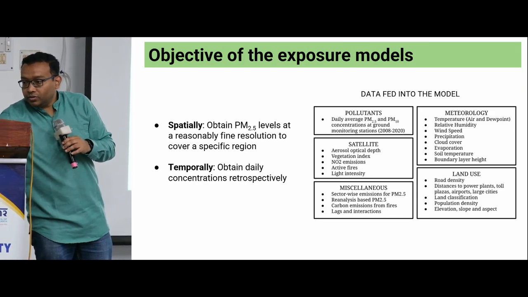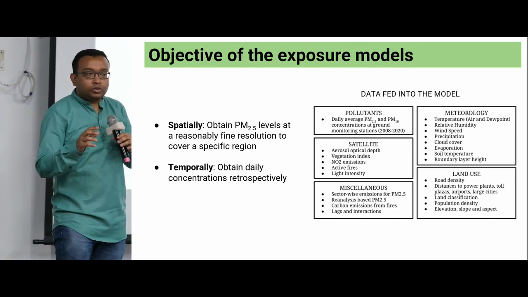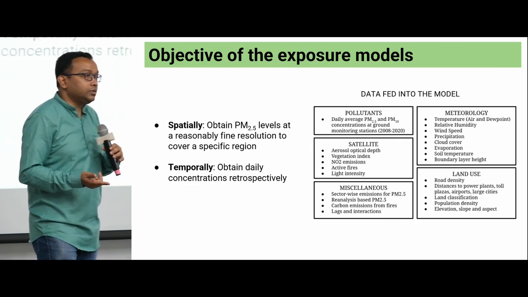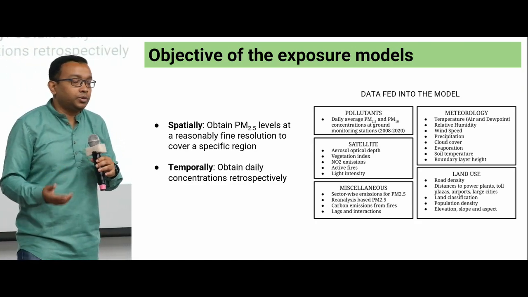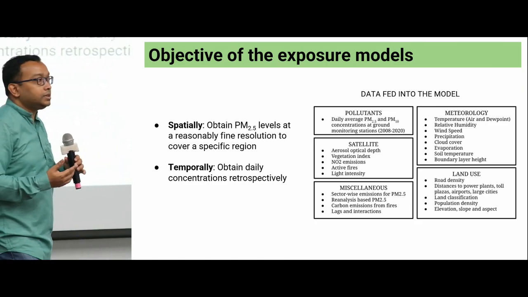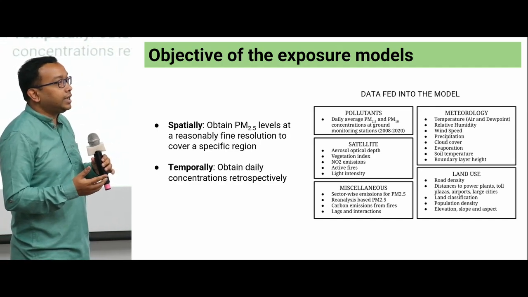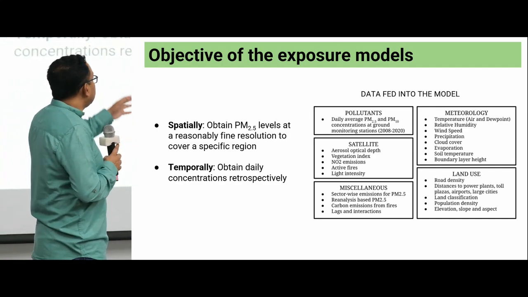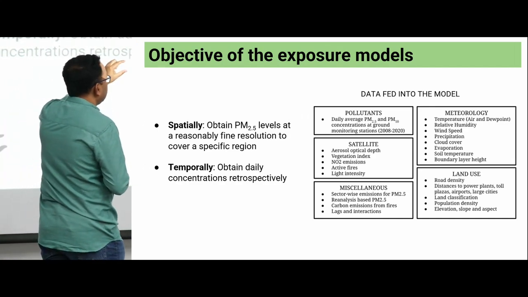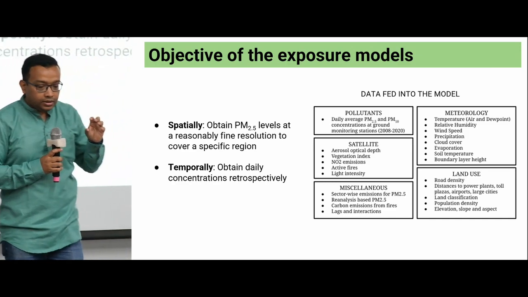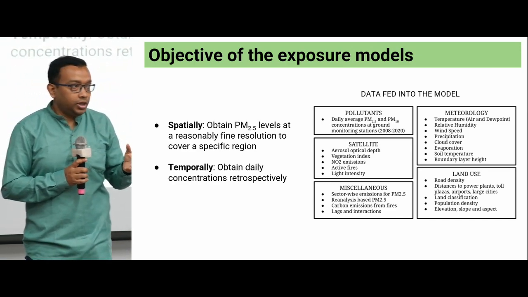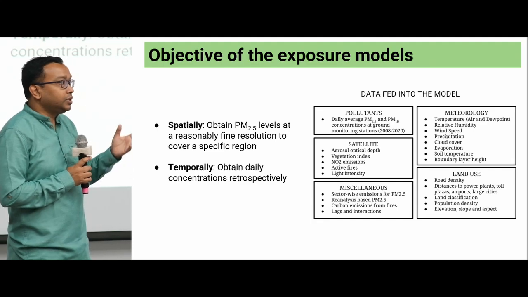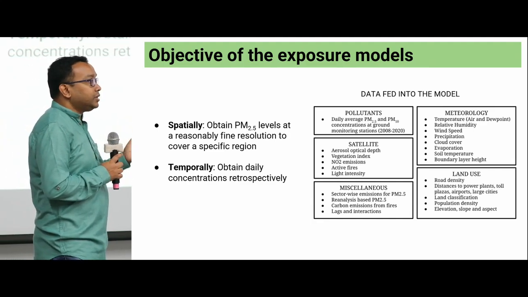There are 2 things, one is spatial and one is temporal. You need a spatial predictor, you need a temporal predictor, and some predictors are both spatial and temporal. The most important part of the model is the ground monitoring data, which is your gold standard. You will calibrate your model based on that.